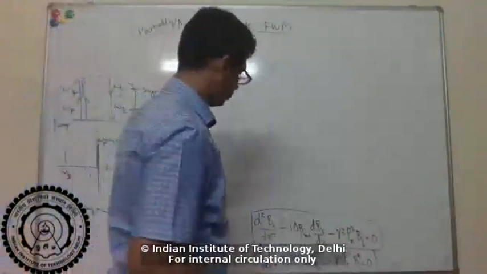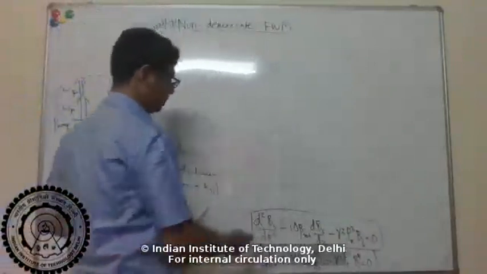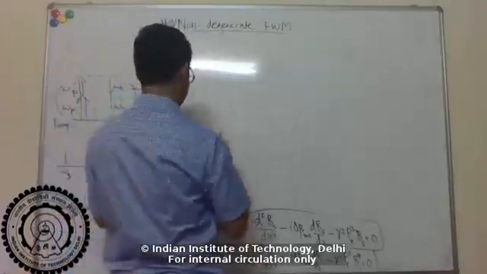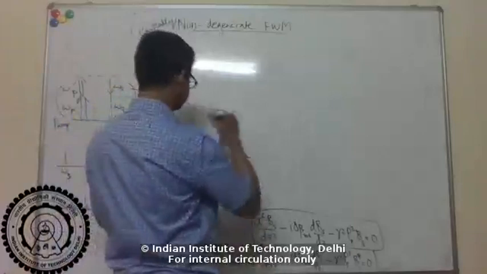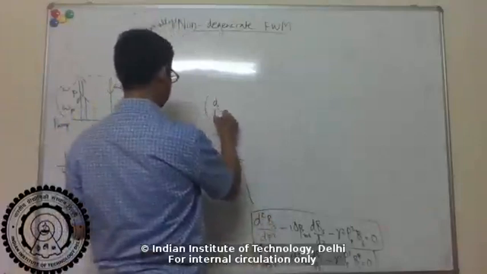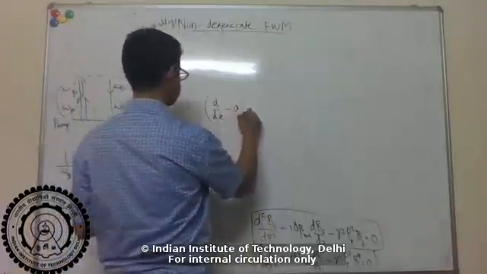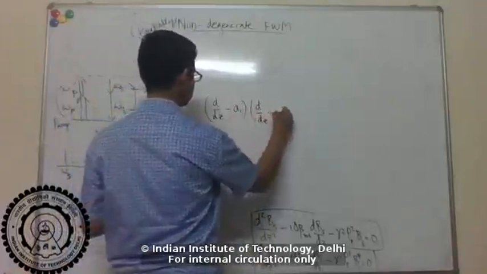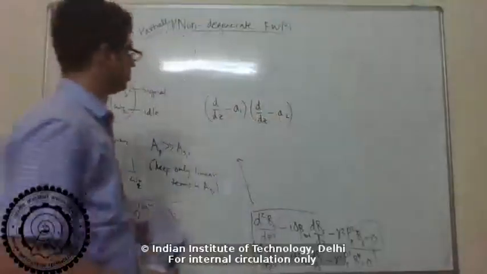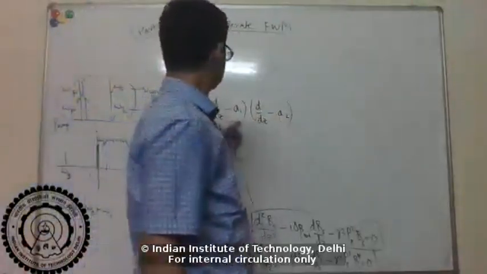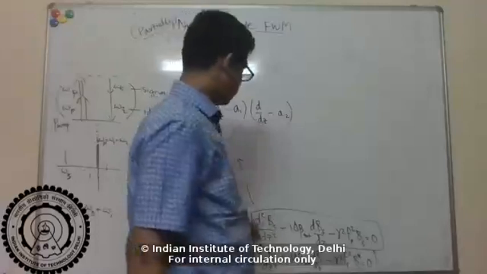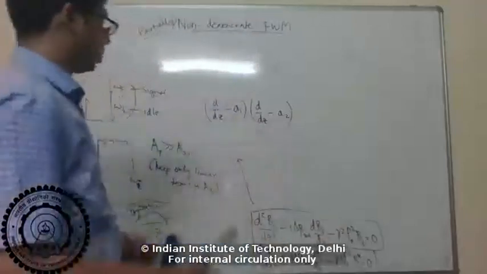So one way to solve this equation is to treat this like a quadratic equation. If I can write this as a product of two linear terms, or like I operate two linear operators one after the other to get this second order operator.